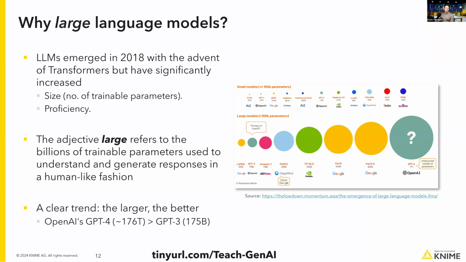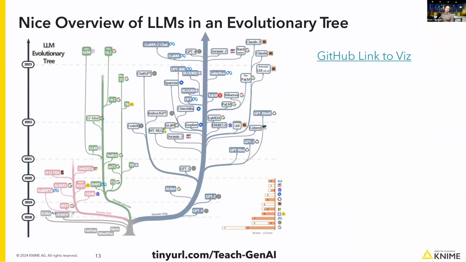So here is an evolutionary tree that you can also find online, that is updated by its author from time to time. And you can see how especially the decoder-only architecture has been developed over time as the one that is returning the models that we know the most.